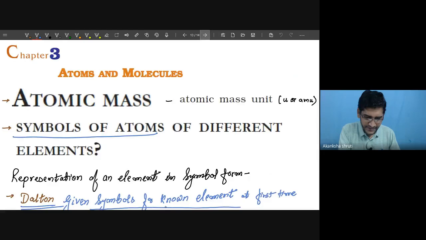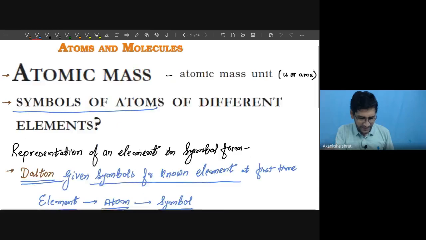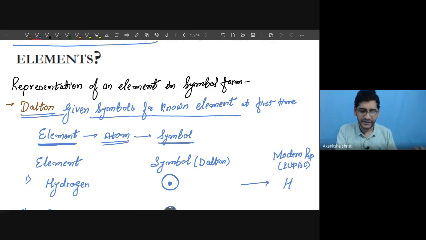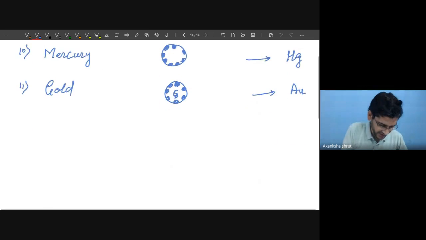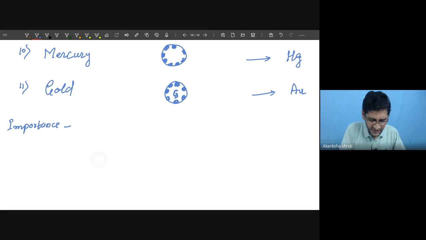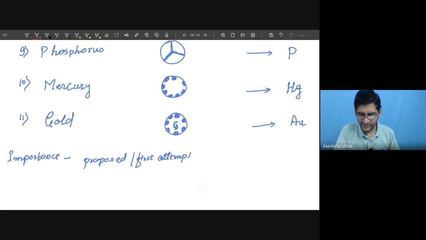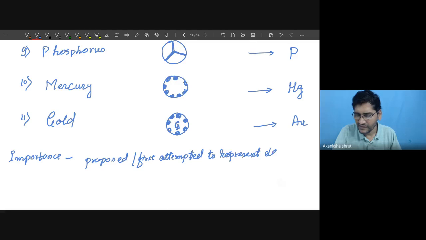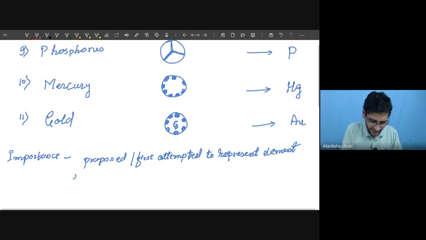But what is the importance of Dalton's symbols? It was the first attempt by Dalton to represent the elements by symbols. So the importance was that he first attempted to represent elements in symbol form.